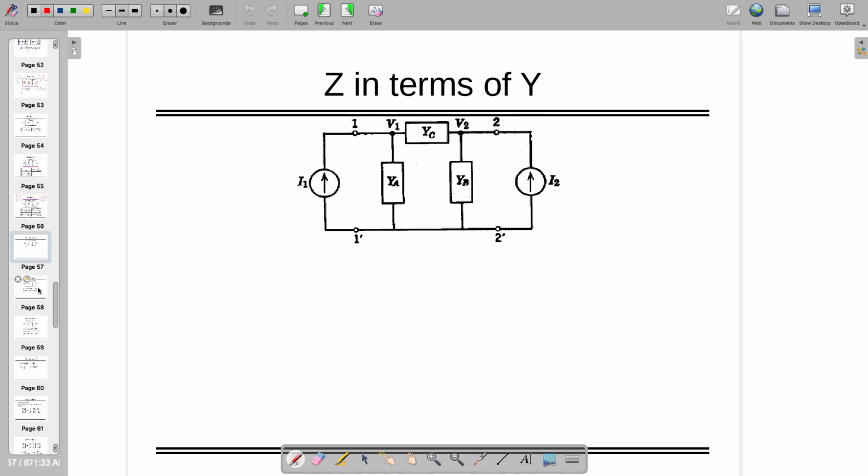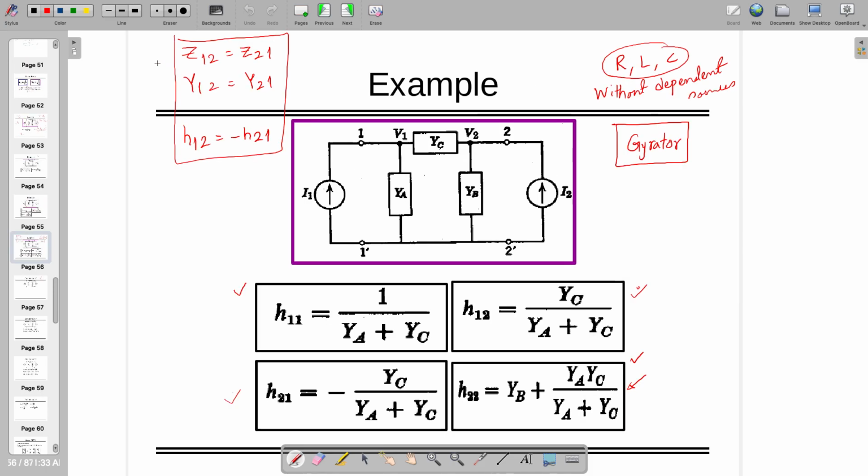So now I want to find out Z in terms of Y. For the same circuit with YA, YC, YB, you can replace these with some real components like RLC. But you should only replace them with R, L and C only, not independent sources. If there are any, then you will not get these three things.